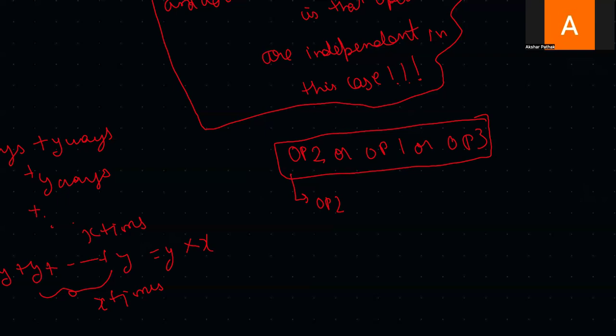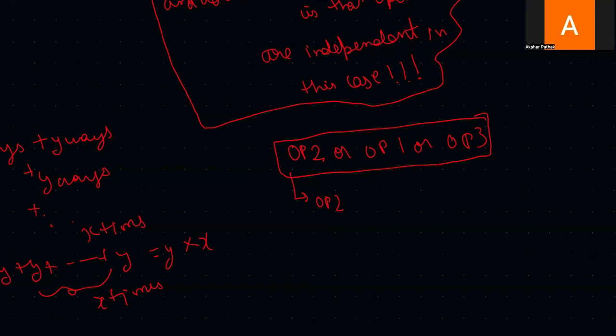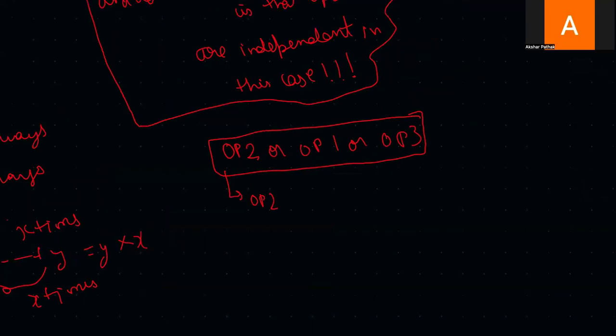I'm not saying that this is 100% true, but in most of the cases you will see. So if you can perform operation 2 in x ways, operation 1 in y ways, and operation 3 in z ways, then the number of ways to perform either of these operations is x plus y plus z. Okay, and it's very true.